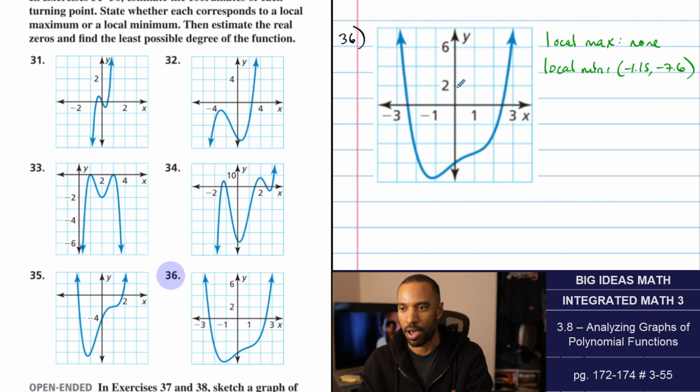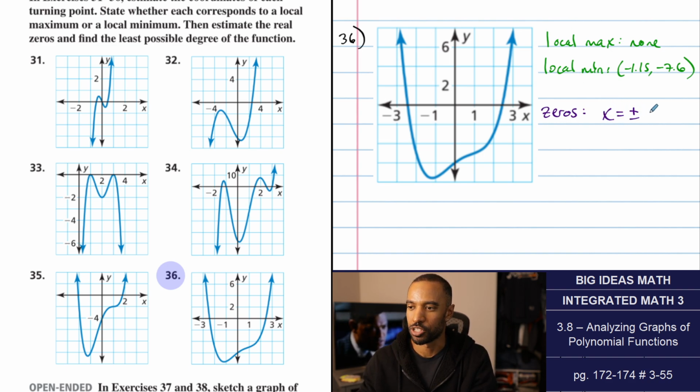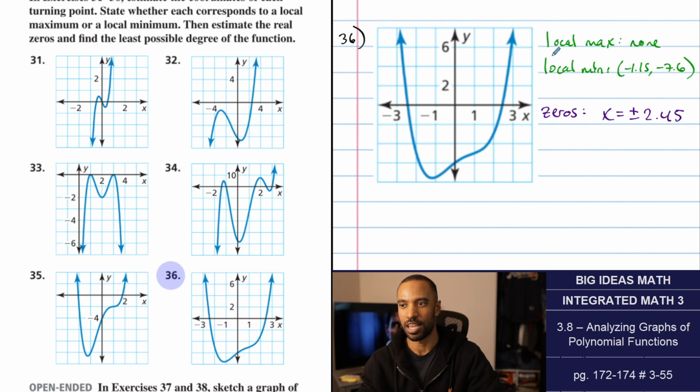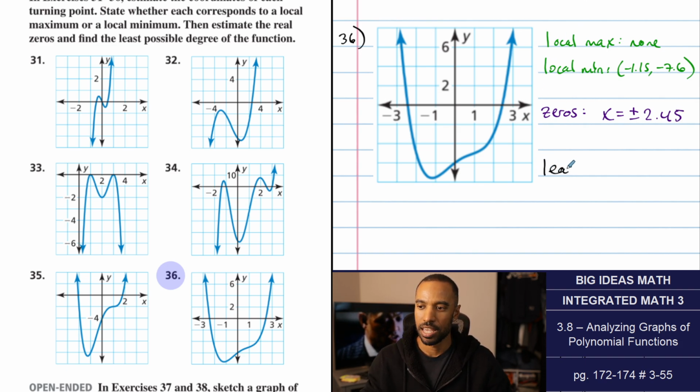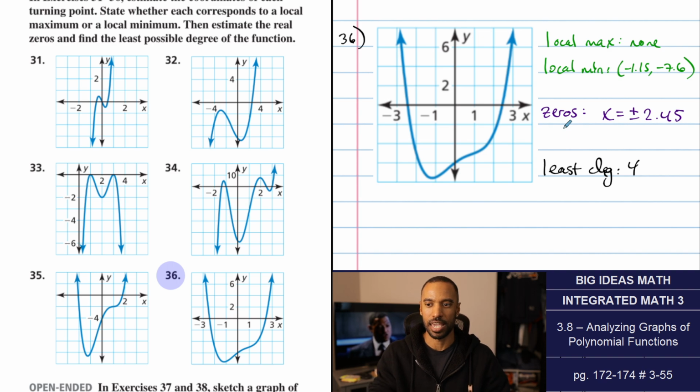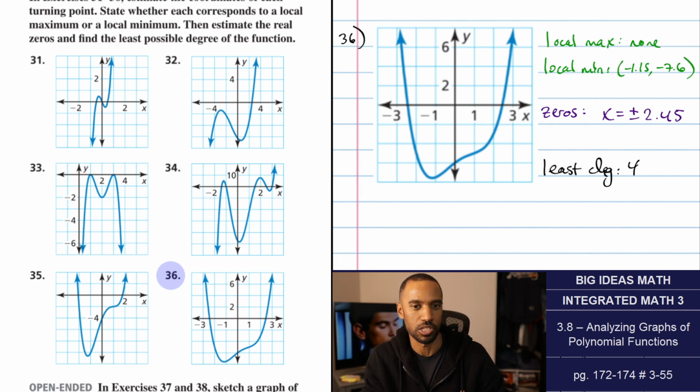They look to be about the same zero, a little bit less than negative 2.5 and positive 2.5. How far over do you think? Negative 2.45? X equals plus or minus 2.45. Least degree, though, is not 2. It is 4. Maybe 6, maybe whatever, but it can't be 2, despite the things that you know about a 2.